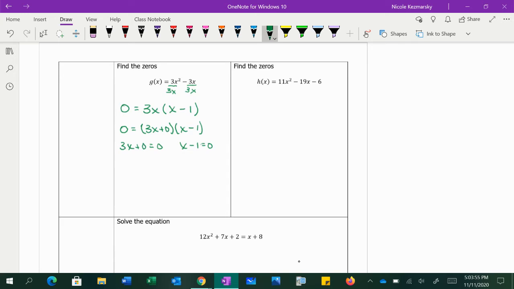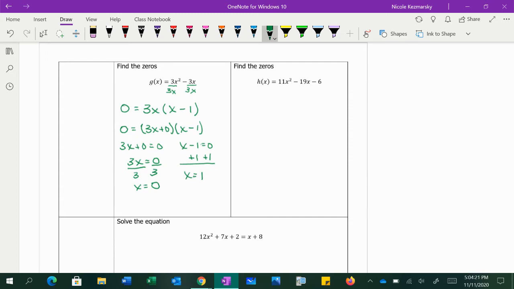And then we're going to go ahead and solve this. So 3x plus 0 is just going to be 3x. Dividing by 3, we're going to get x equals 0, because 0 divided by 3 is still 0. And then we're going to add 1 and get x equals 1.